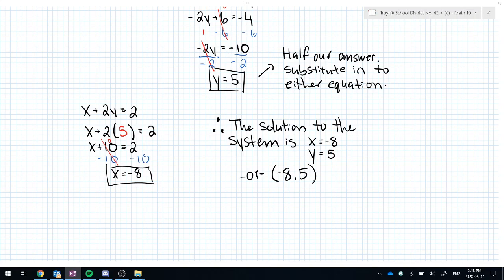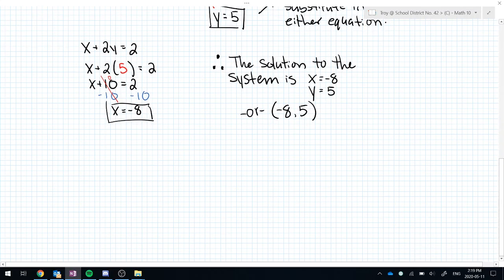So I think I'm going to end it there for this week. Let me see here what I want you guys to work on for this week. So the assignment is going to start on page 425.